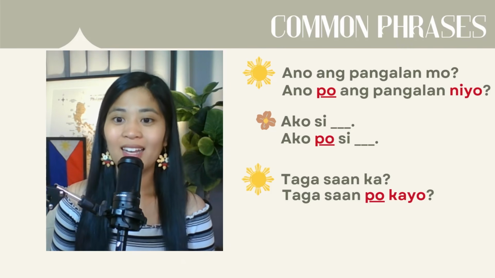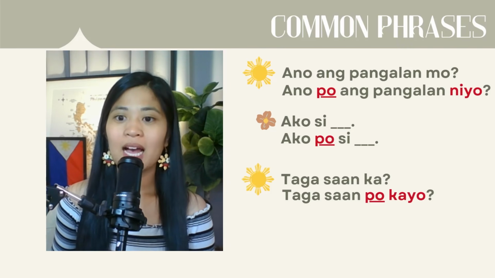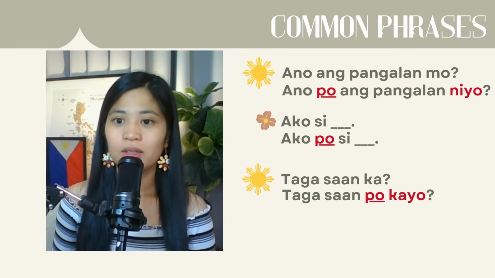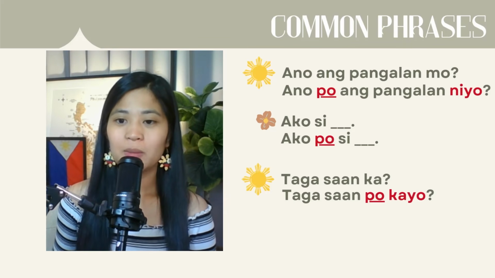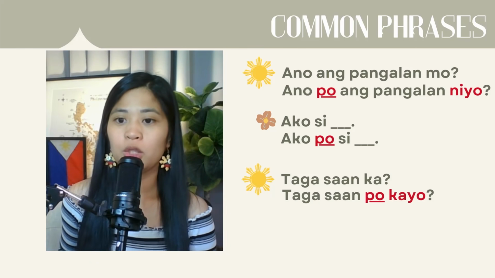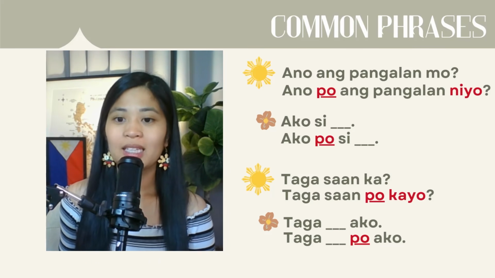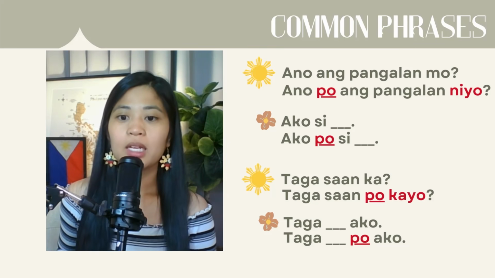Taga saan ka becomes taga saan po kayo. So this po placement does not really fall into any of the three major placements that we learned. But I do want to point out that ka becomes kayo. Again, that is where the singular you pronoun becomes a plural you pronoun. And lastly, to respond, taga Manila ako becomes taga Manila po ako.